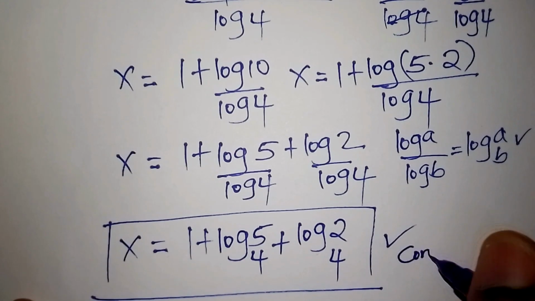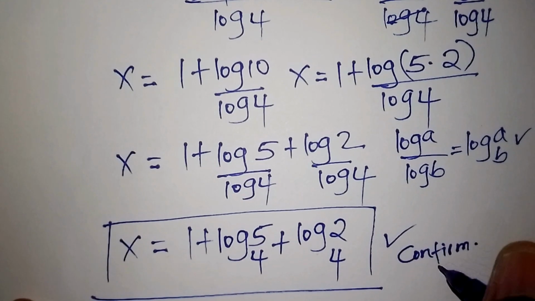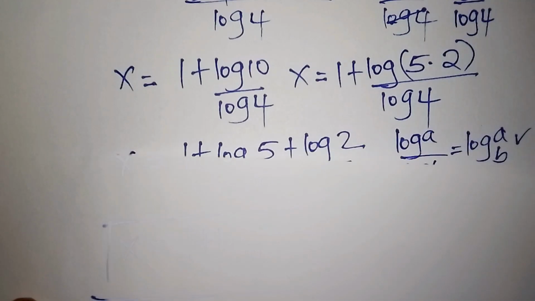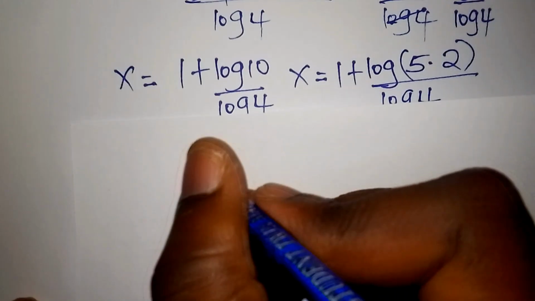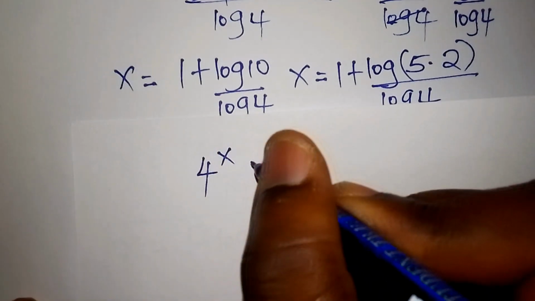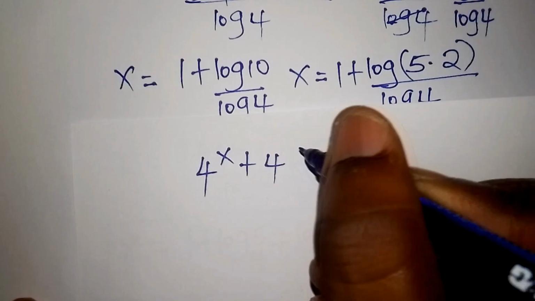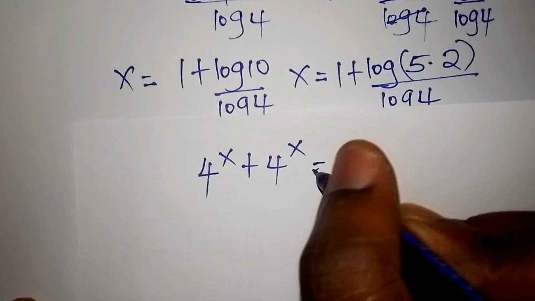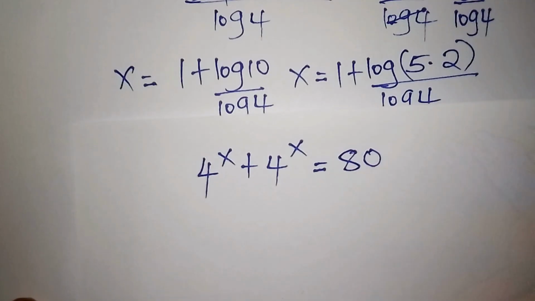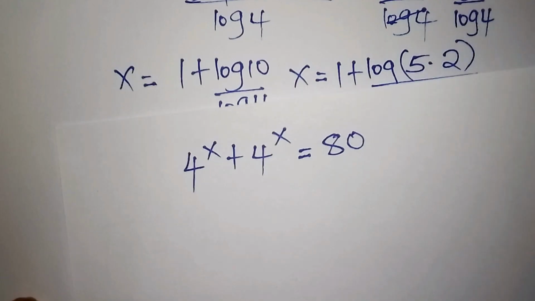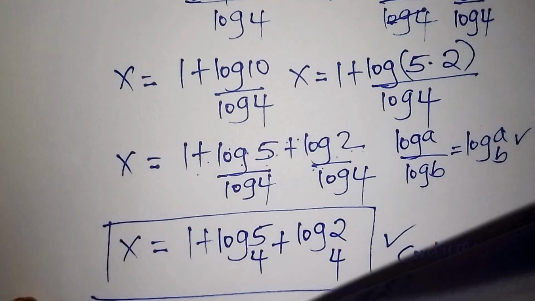So you can also confirm this maths problem very fast and check if indeed our answer was correct. So in this way, we shall say that the maths problem that we had is 4 to the power of x, then plus 4 to the power of x is equal to 80. So let's check the answer that we got.